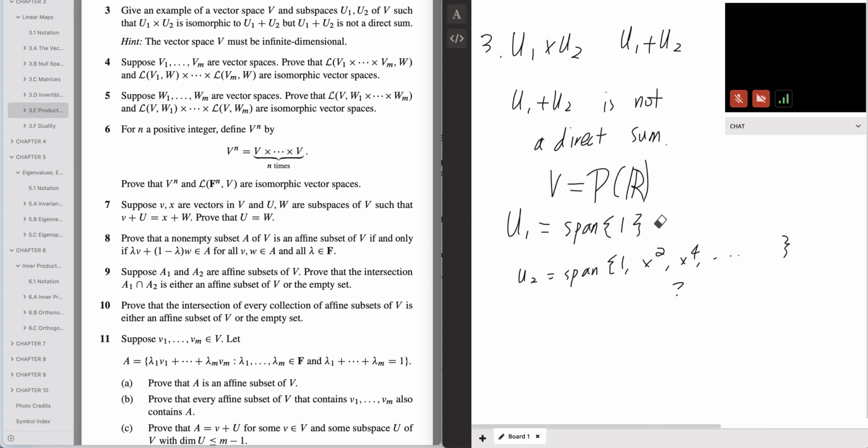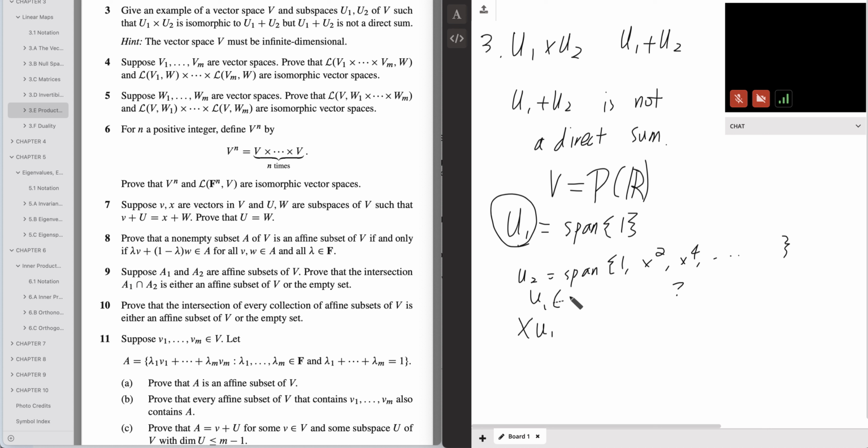But what if you put also another x here? No, but you can still cancel some things out in the kernel. I was thinking that maybe you could like shift this space somehow.